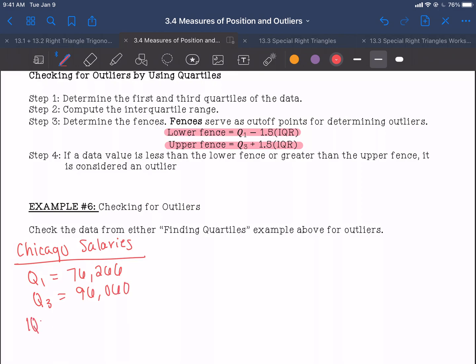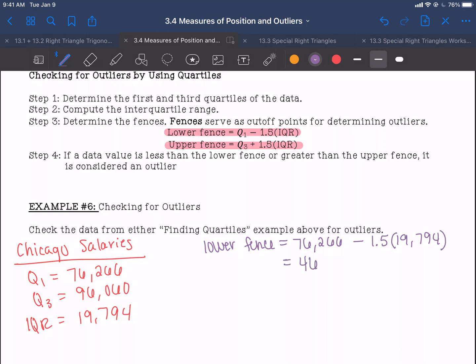And then our interquartile range was 19,794. So our lower fence, we're going to take the first quartile and subtract 1.5 times the interquartile range. And when you do that math, you get 46,575.